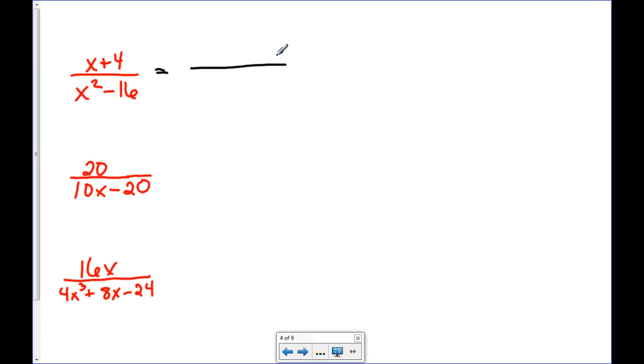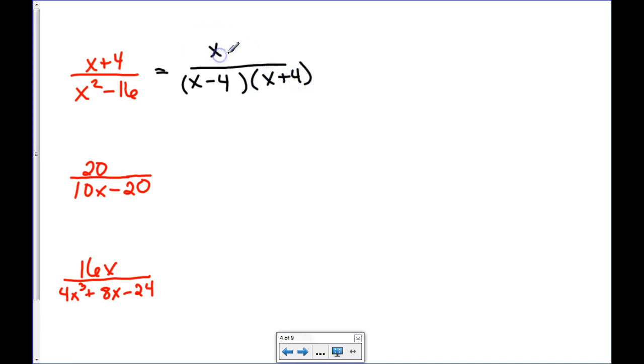What's that called again? You guys remember? It's called difference of squares. All right. So what am I going to do to factor this one? X minus 4 and x plus 4. Good.